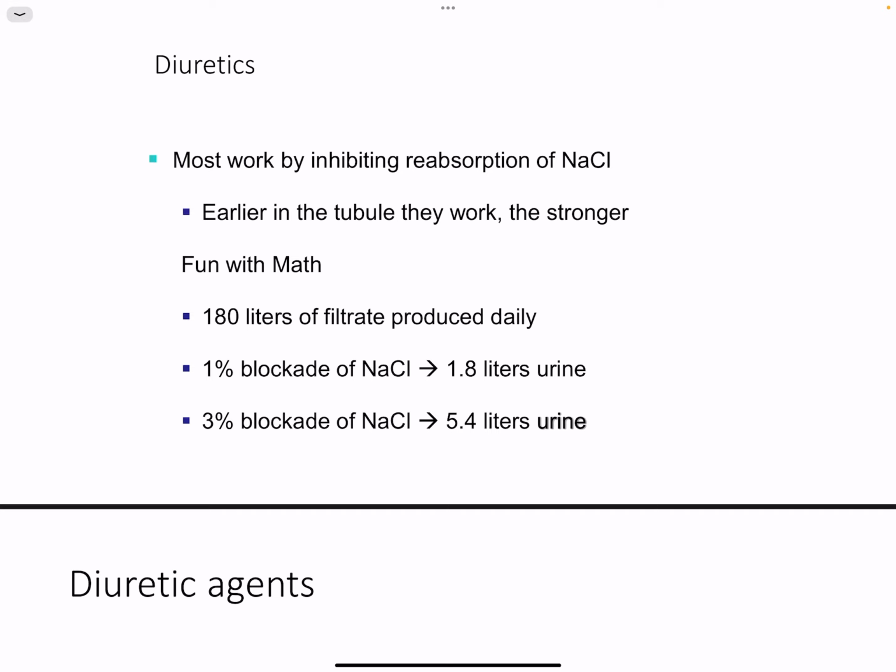Diuretics, as the name indicates, are the drugs or chemical agents that increase the urine production.